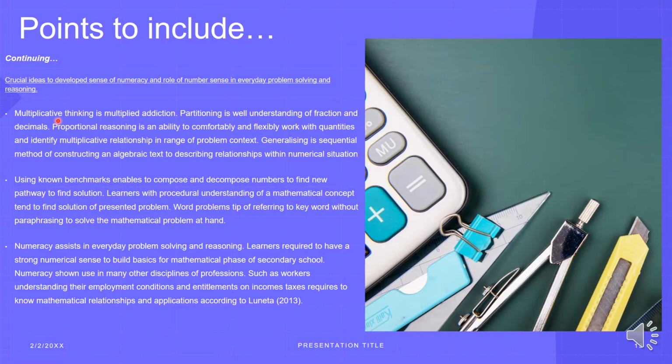Include what is multiplicative thinking, the relationship ranging from problem content, disposal, composing and decomposing numbers to find pathways to a solution, the understanding of mathematics and its processes, word problems and the tip of referring to keywords without paraphrasing or solving the mathematical problem at hand, assisting numeracy, assisting in problem solving and reasoning.